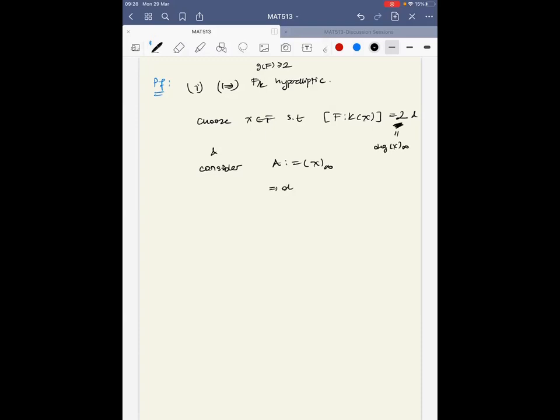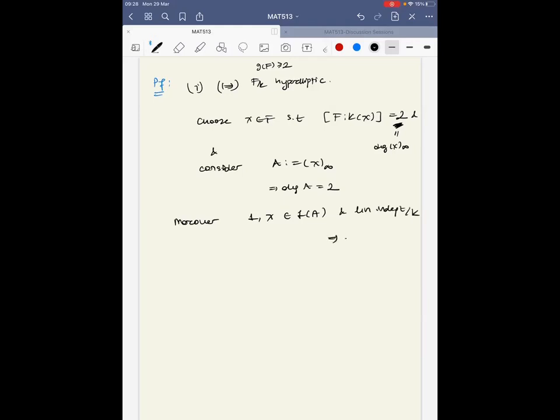So in this case, degree A is 2. Moreover, we can also observe that 1 and x are functions in the Riemann-Roch space, and they are linearly independent over K.